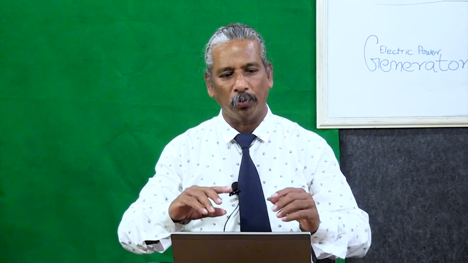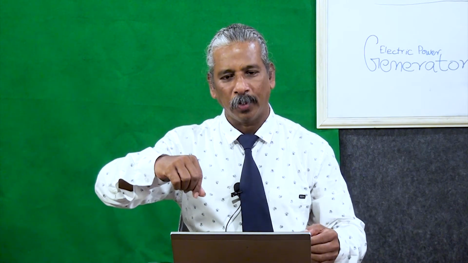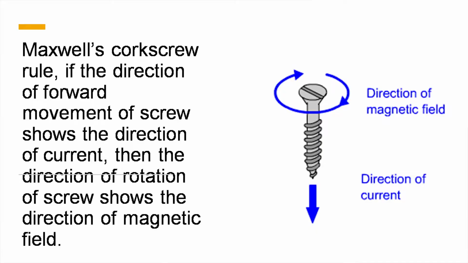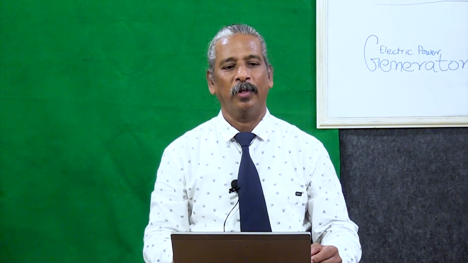Maxwell's corkscrew rule: if the direction of forward movement of a screw shows the direction of current, then the direction of rotation of the screw shows the direction of magnetic field. If the screw points towards the direction of the current, then the way you turn the screw to tighten it is the direction of the magnetic field it exerts.